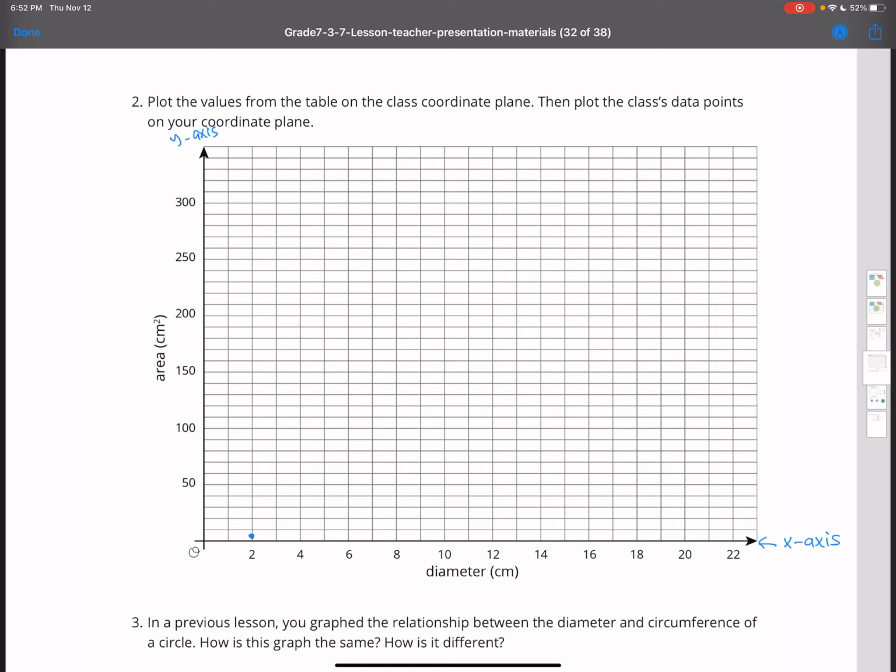Okay, so then the next point is 3 to 7, which I want to be a little bit right underneath there. This is the 3 line mark, but going up. All right. So then the next point is 4 to 12, which I want to be right above that 10 mark, and so on.